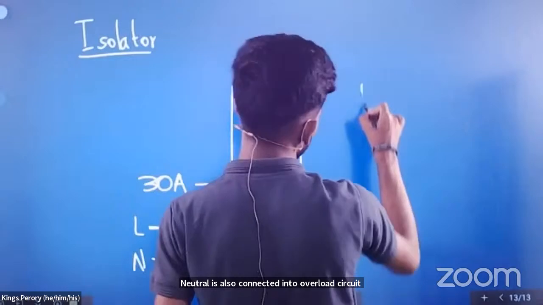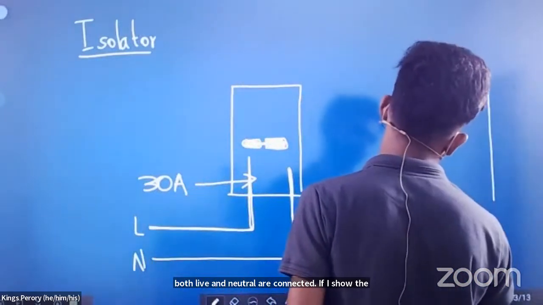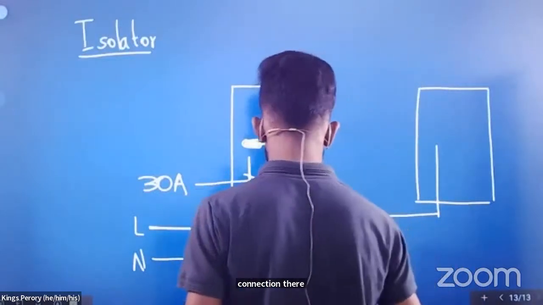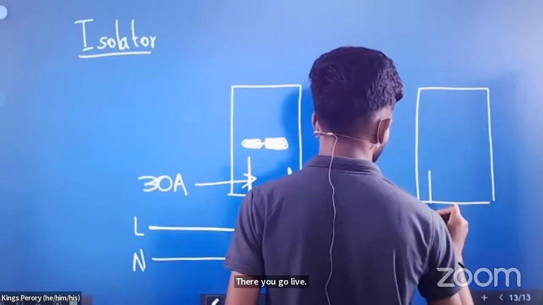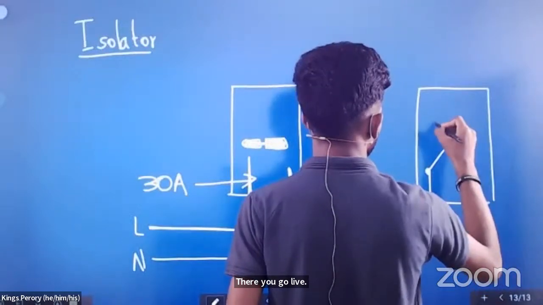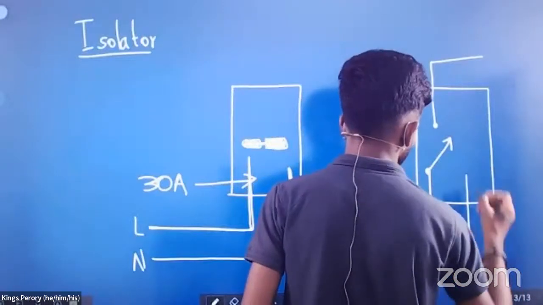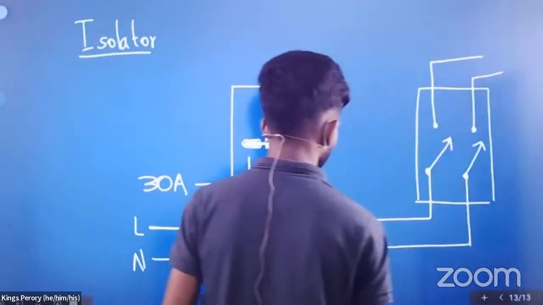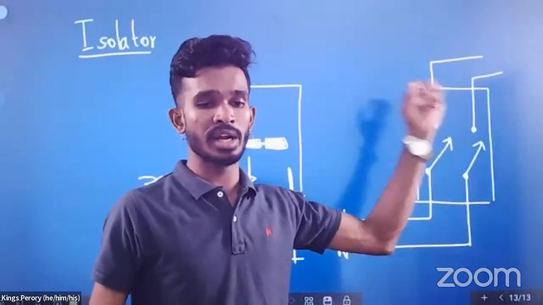If I show the connection there, there you go, live. There you go, neutral. So both live and neutral are connected into the isolator.